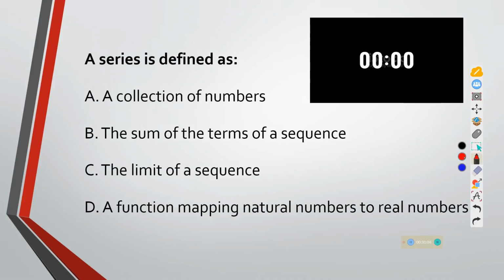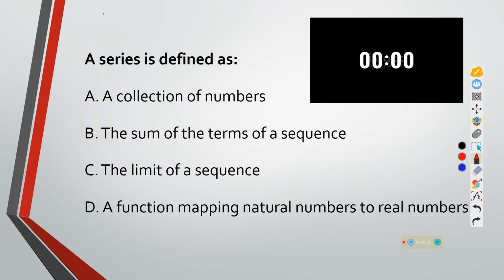So here we need to look at a series. A series is defined as A, they are giving us a collection of numbers. Before we come to the options, basically in mathematics, a series is the sum of the terms of a sequence. Let us first talk about a sequence.